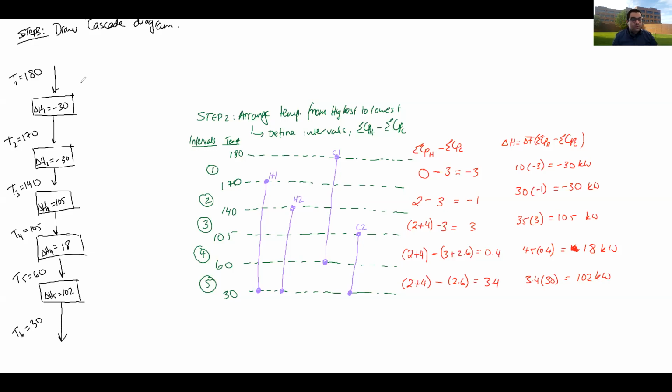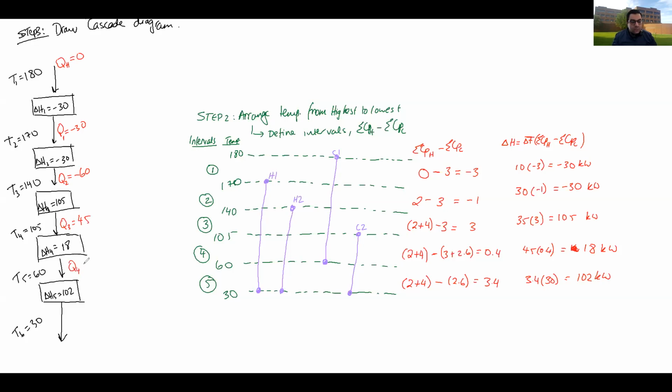And we need to note one thing here. So now I'm going to calculate the QH. So let me change the color. I'm going to calculate the QH assuming that the starting point is 0. So QH here is equal to 0. Q1 is 0 minus 30. Q2 is minus 30 minus 30, minus 60. Q3 is minus 60 plus 105, which is 45.